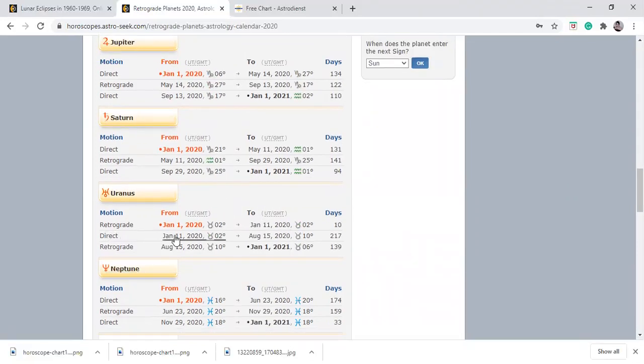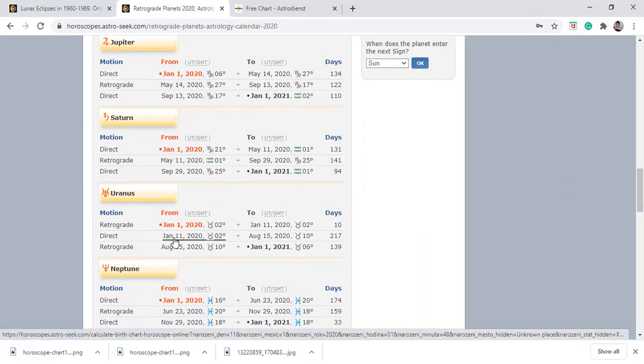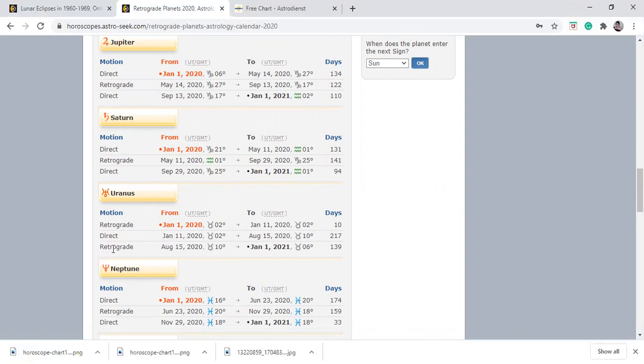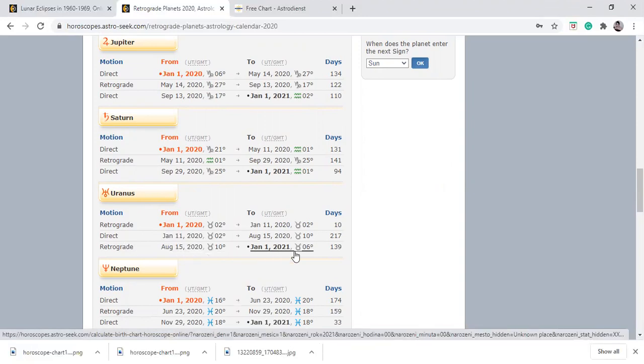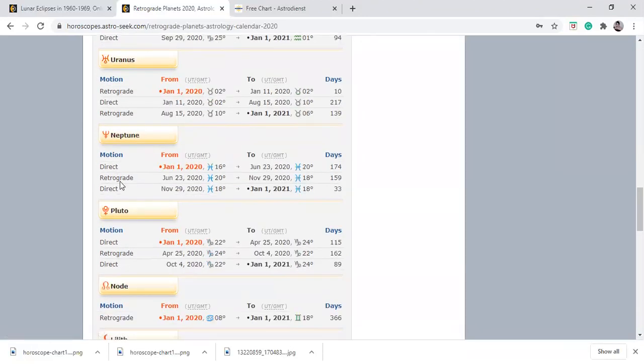Uranus is going to go retrograde August 15th until January the 1st, 2021. This may be too quick for you, but you can look at this list from this website, which I'll put the link to below. Then Neptune is going to go retrograde on June 23rd until November 29th.